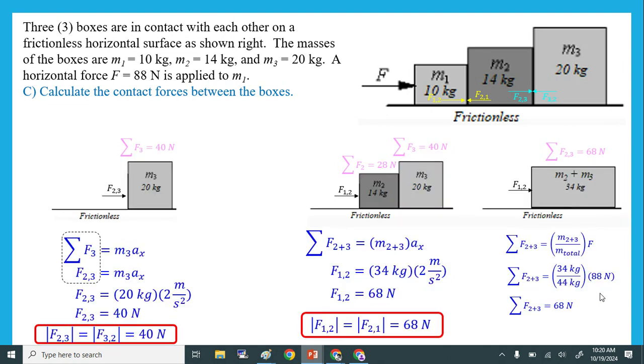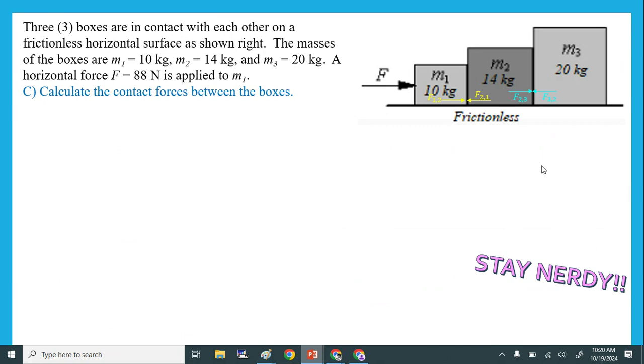Now, the other way to do it is going from left to right. So in my previous strategy, I went from right to left, but let's just assume that you don't know how to look at this stuff and you just want to make it difficult. You can go from left to right. If you go from left to right, you'd have to do M1 first. But then to do M1 first, you have an F pushing rightward, and then you have F21 acting against it.